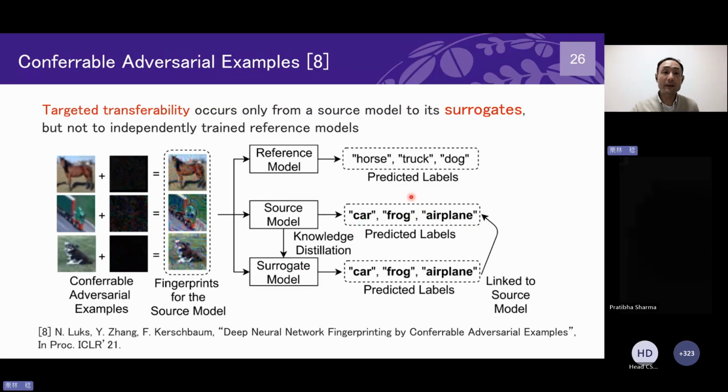So this is the kind of transferable adversarial example. Targeted transferability occurs only from the source model, the original model, to its surrogates, but not to independently trained, different models. This is a requirement and an important feature employed in the DNA fingerprint.